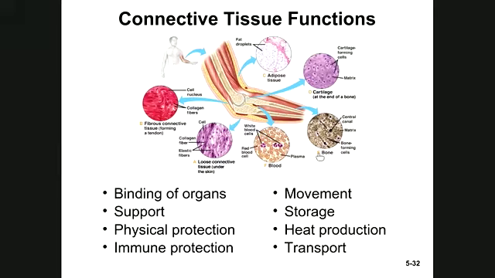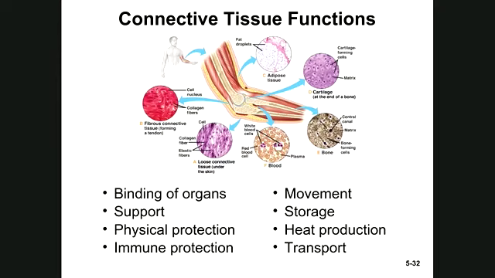We have bone also as the storage of adipose tissue and fat, and also calcium ion. You have cartilage, which can do physical protection, and also it can support organs. You have adipose tissue, which can generate heat. We have blood and lymph, which can do immunity.